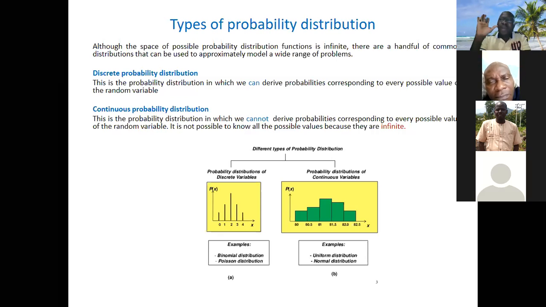If you talk about blood sugar, between 65 and 60, you cannot say it's 5. Even between 60 and 61, you can have 60.009, 60.07, infinity. So when you have an infinite number of possible values in between two given values, that is a form of continuous variable. It follows continuous probability distribution.